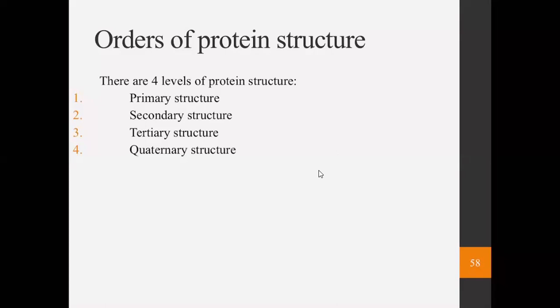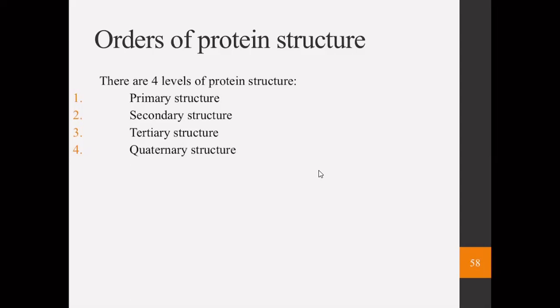Similarly, since we are doing the chapter biological molecules and it's about proteins, proteins also begin with the simplest of all the structures, moving on slowly and gradually to more and more complicated ones. So there are 4 levels of organizational structure of proteins.